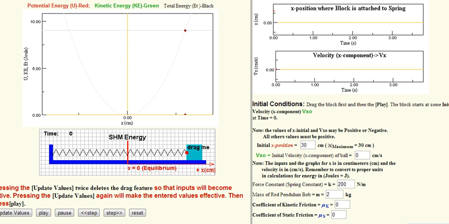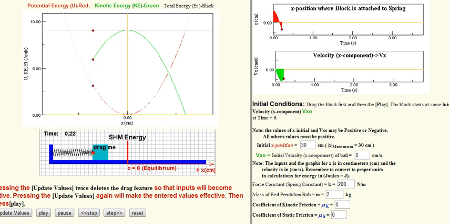And so here's a mass on a spring, and what I can do is just hit play, and you can see a couple things happening. There's actually a lot going on this screen. So over here on this graph, you see U, KE, ET. So U is another way of saying potential energy, and that's the one in red.